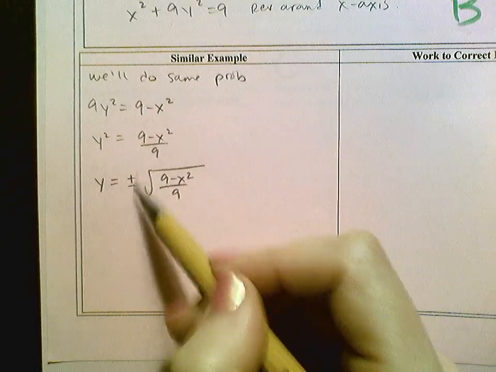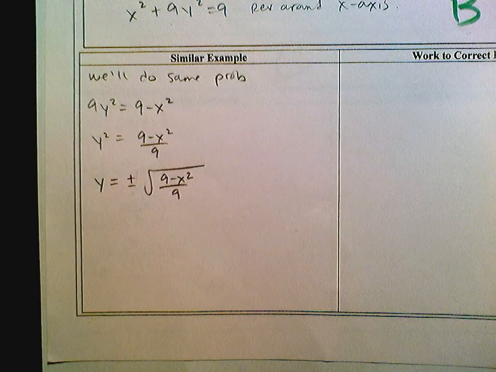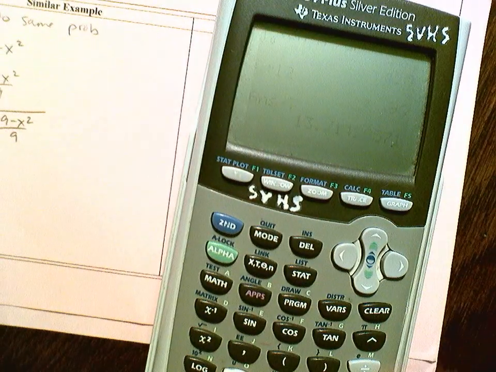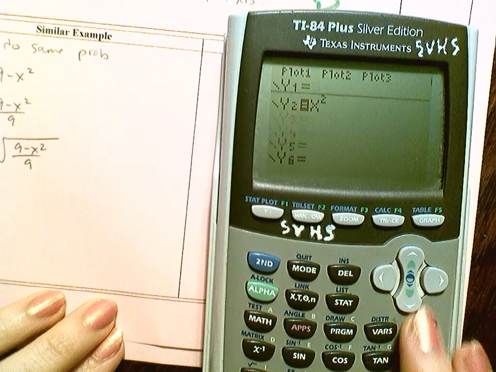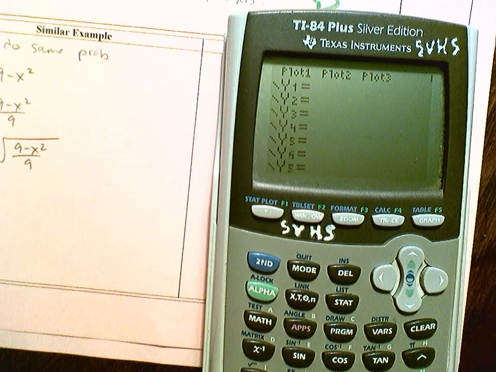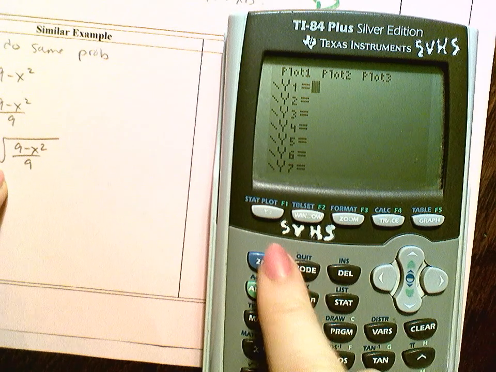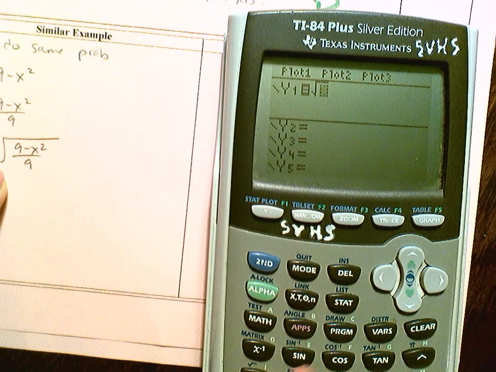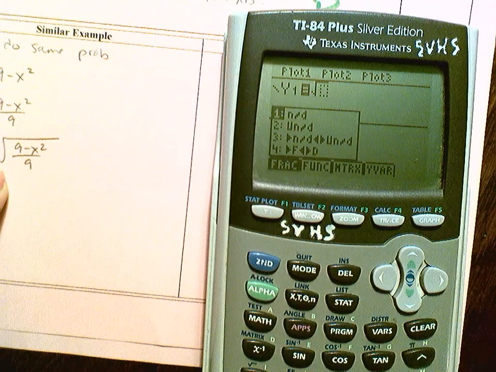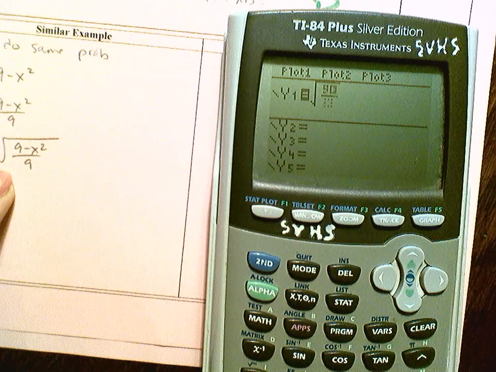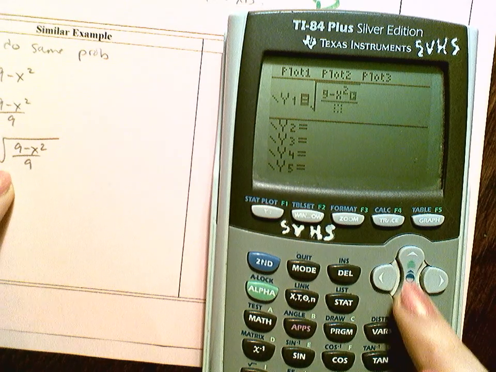Okay, plus or minus. So then you go to y equals, and so I'm going to graph, okay, so I'm going to do that alpha y equals thing. So alpha y equals, 9 minus x squared.